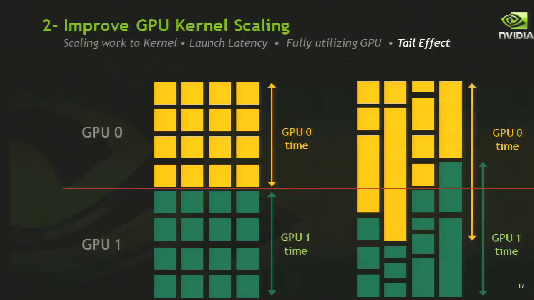So GPU 0, instead of taking just this much amount of time, takes this much amount of time, because there's this one little straggler that runs for a lot longer. Same with GPU 1. This GPU 1 basically is running for this one little chunk of work. All the rest of its work is finished. And so your scaling gets worse and worse the less work you have and the more imbalance you have between the work.